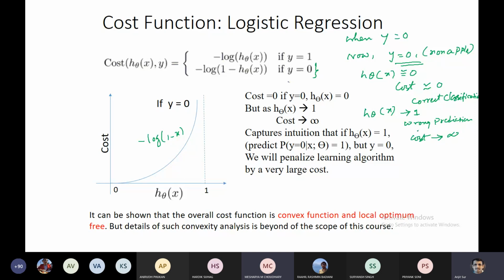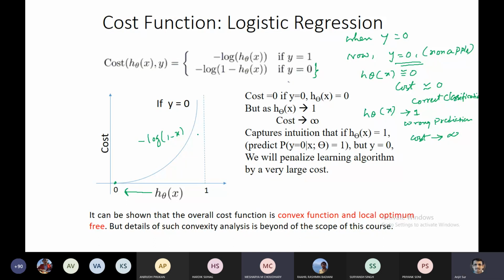Same logic. Now you see here y is equal to 0. If h theta x goes to 0, the cost is very close to 0.